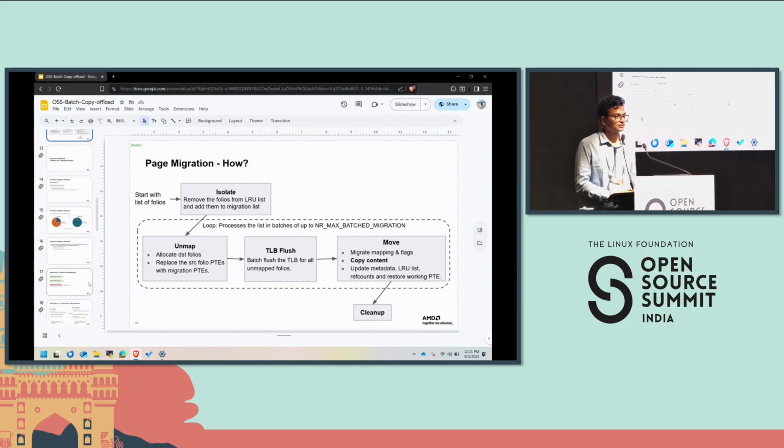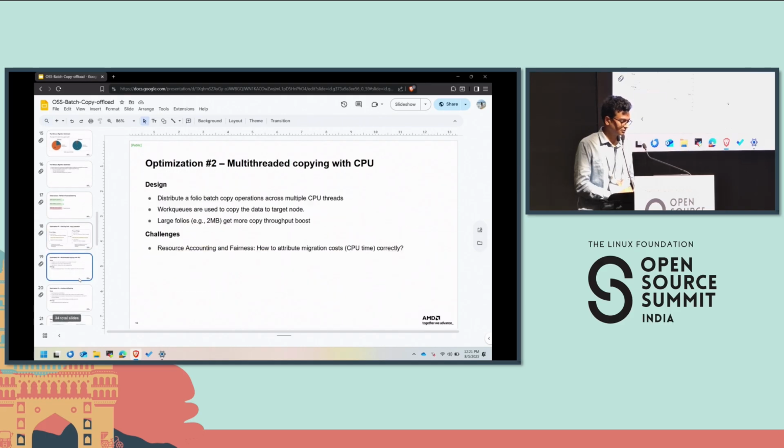You spoke about the challenge with respect to accounting. Can you brief what the challenge is there? Is it about which task you want to account to? Yeah, we are using kernel threads to move the data, so the migration cost will be accounted to the kernel. There's a challenge of how to ensure fairness.